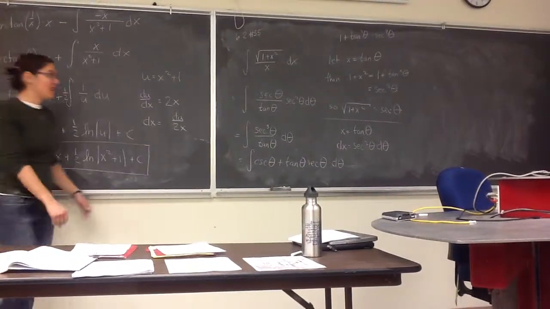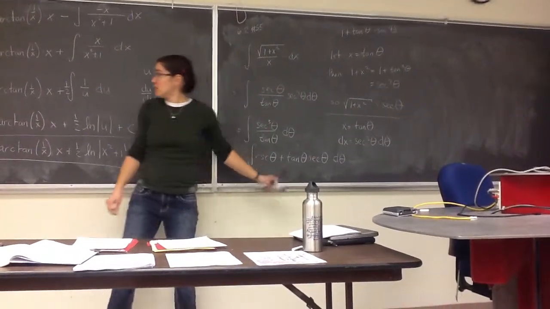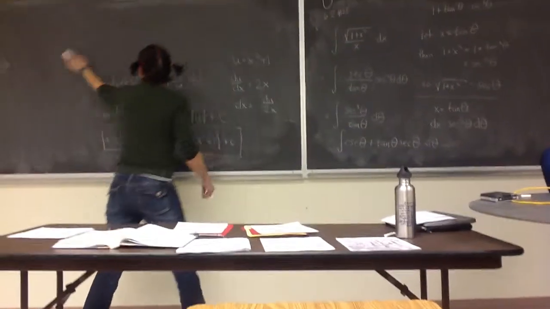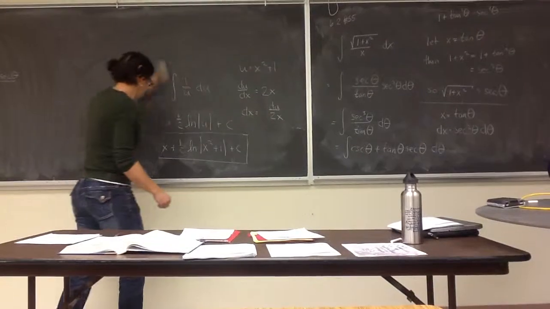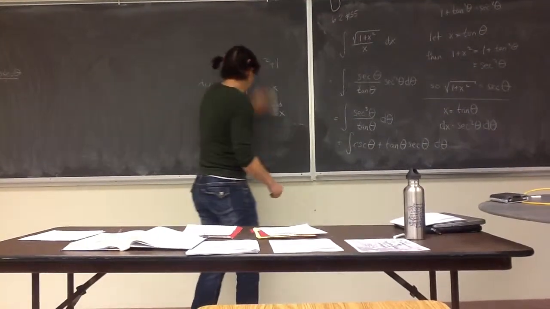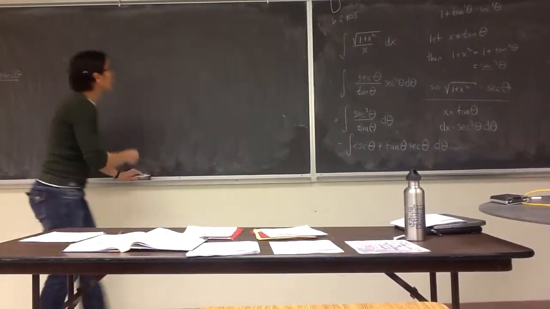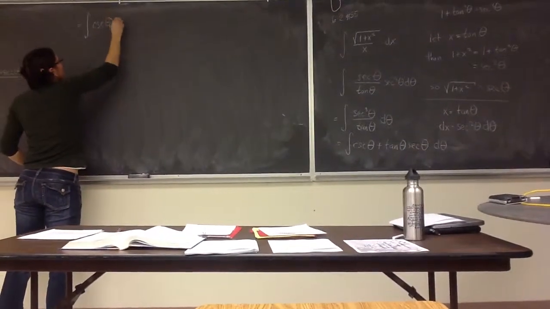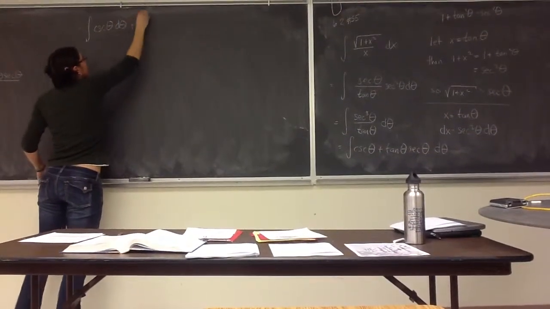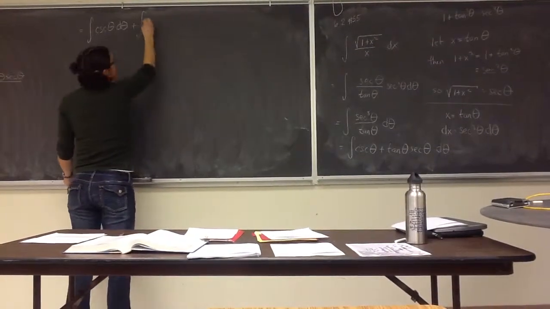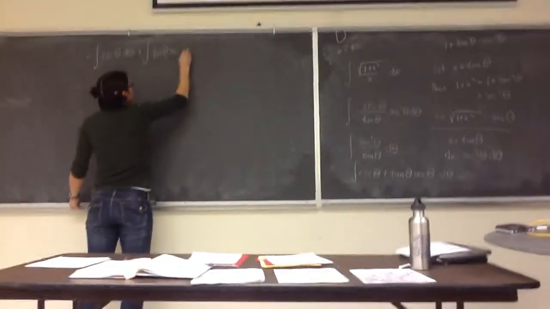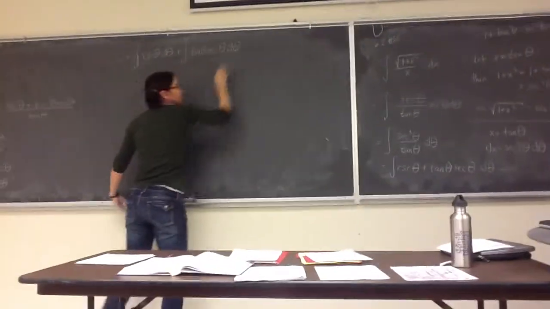We've got a plus sign in there, so we can split that up. So we've got the integral of cosecant theta d theta plus the integral of tangent theta secant theta d theta.